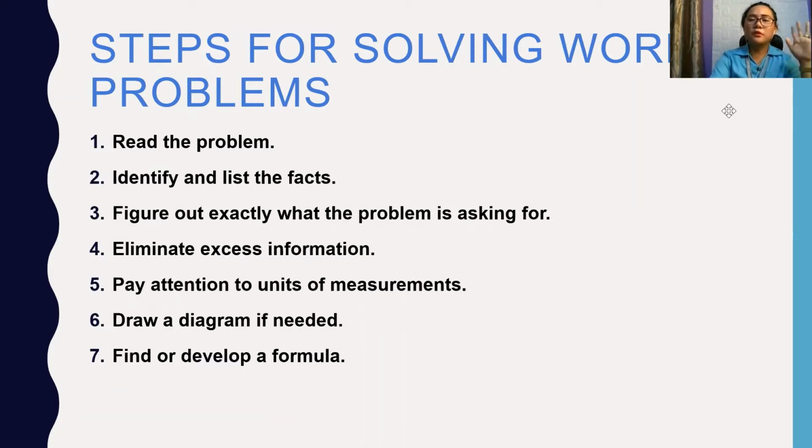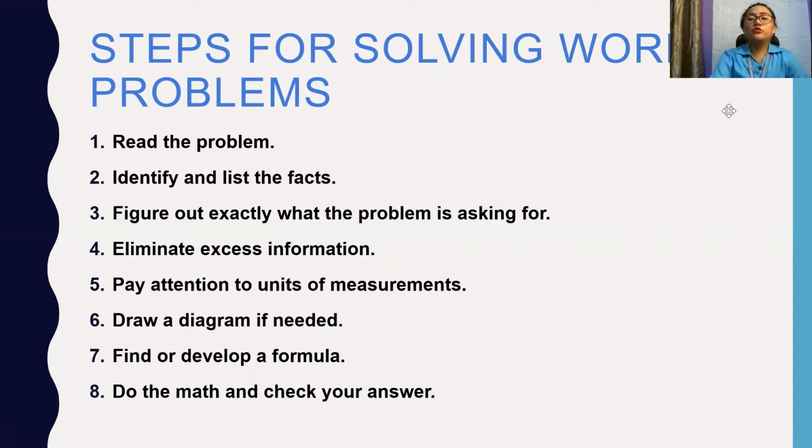And if possible, pag wala naman, then you can formulate your own formula based on the problem na binigay. Okay? Just like the number problems, you are going to formulate a formula. Then last one, you have to do the math and check your answer.